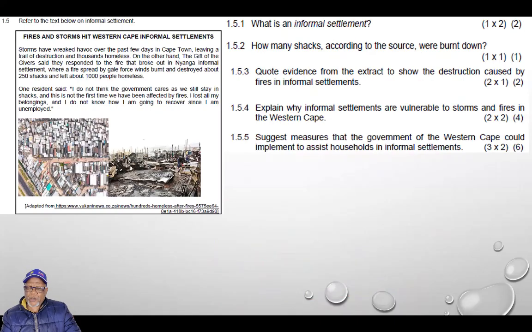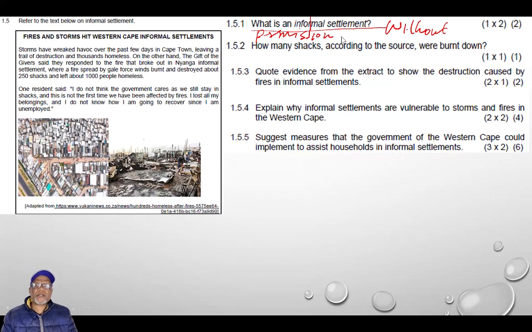Now let's look at another common examination question, which could be on informal settlement. You must be able to define what an informal settlement is. This is a concept. We can say it is a settlement that developed without the permission of the government or the municipalities, without permission or authorization.